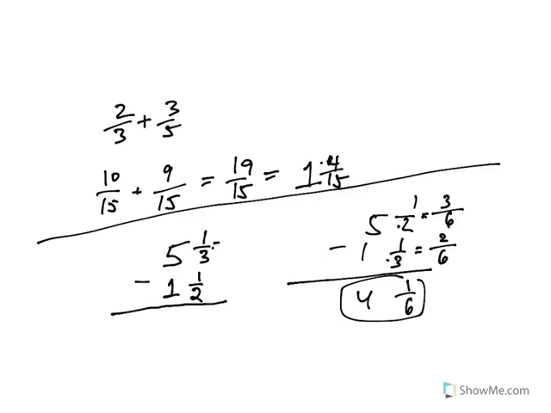But when I try the same thing with subtracting, this one's 2 sixths, that's 3 sixths. I'll just cross these out. We run into a little problem because you can't do 2 sixths minus 3 sixths.